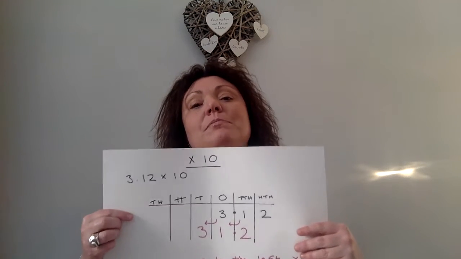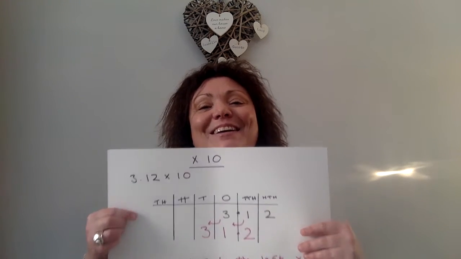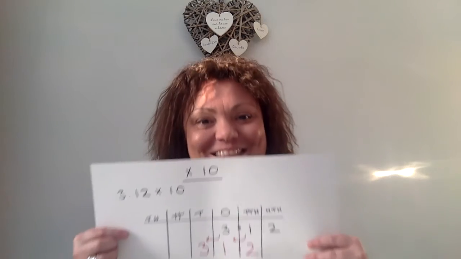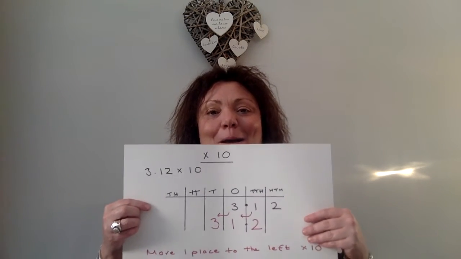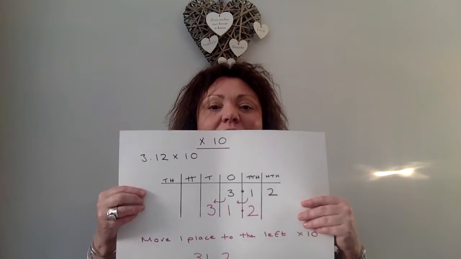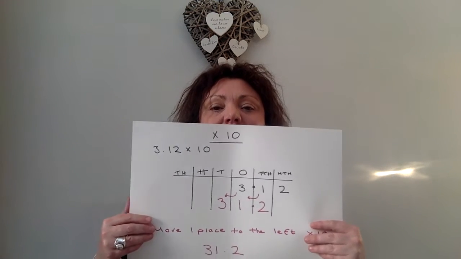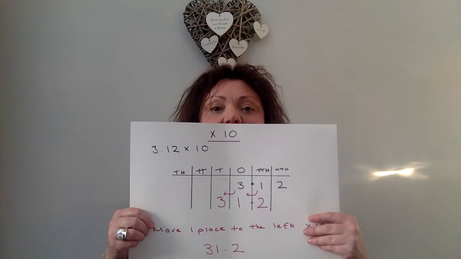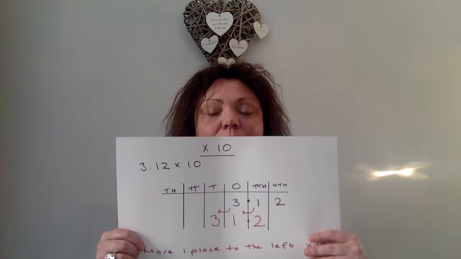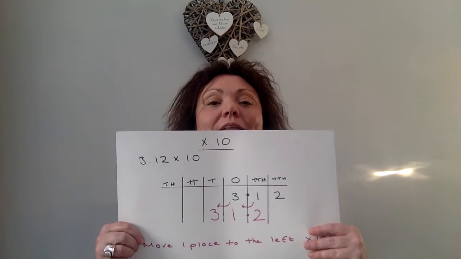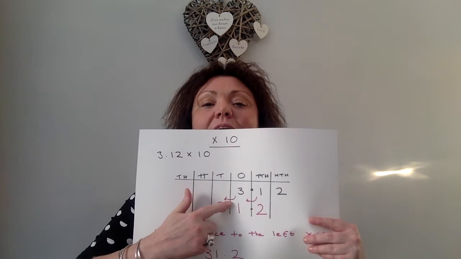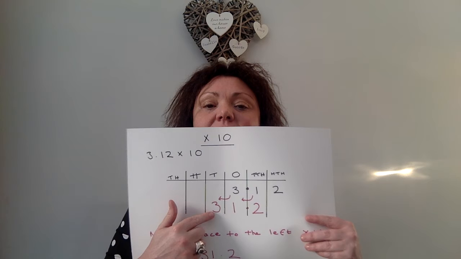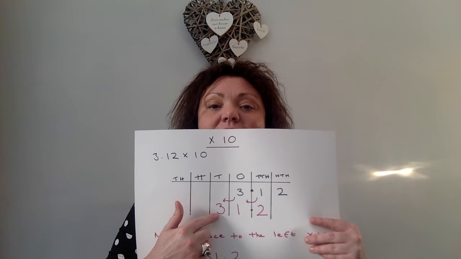And when you multiply it by 10, I know that you all know this already. We have got that 10, haven't we? So we have got to make it bigger by 1, okay? So we are going to move it 1 place to the left, all right? We're making it bigger. When we multiply numbers, we make them bigger. So that 3.12 moves 1 place. Now, can you see I've put the arrow to move it to the tens. The 3 goes to the tens.